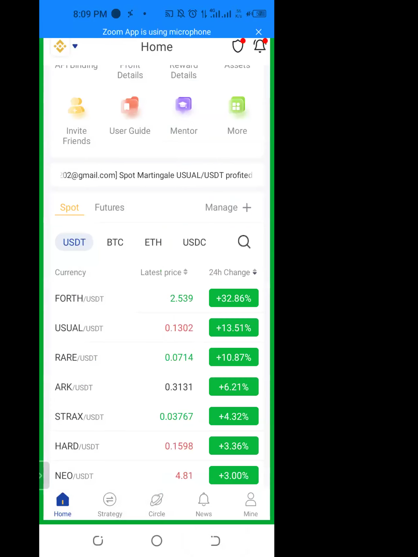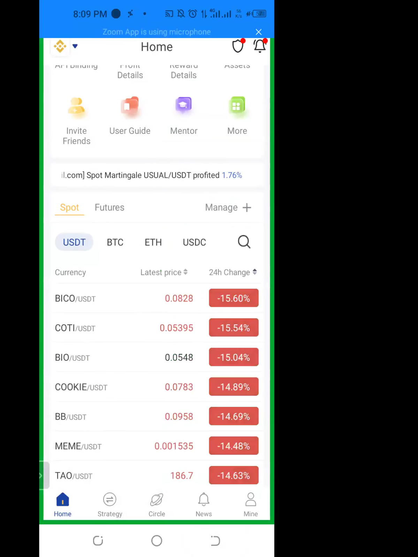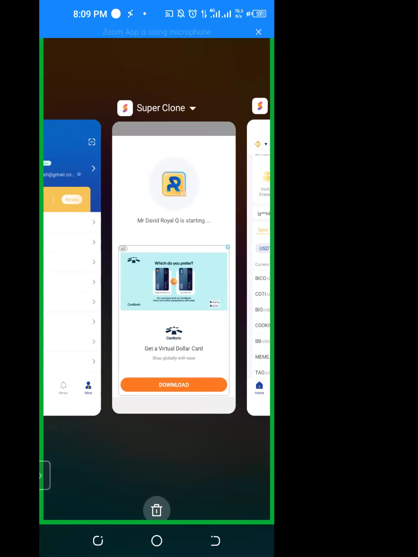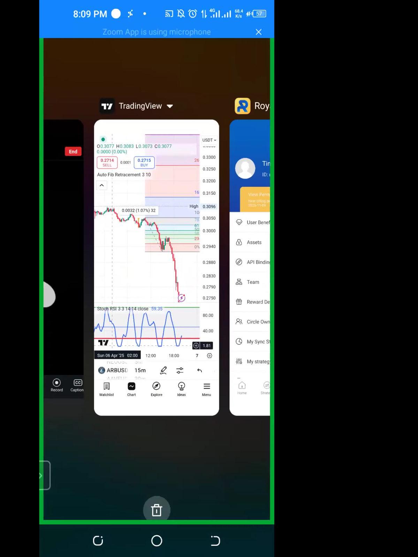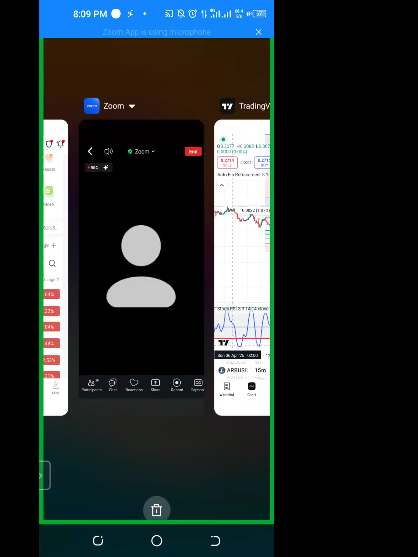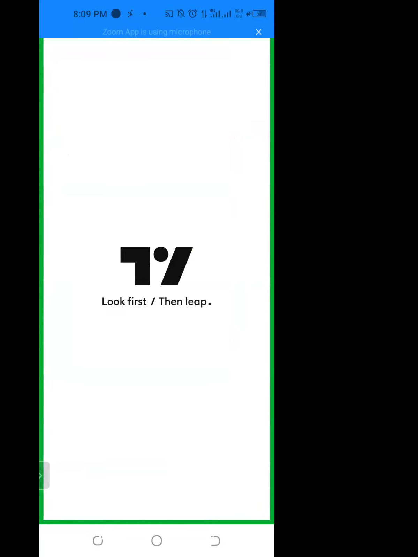So now, I said in my video that when you want to trade using this automatic setting, whether for MACD, for RSI, or for DJ, focus on the top coins by market cap.